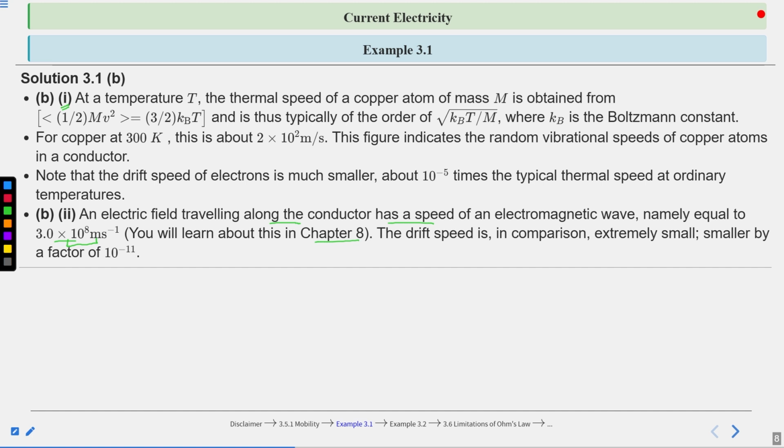It is of order 10 raised to power 8, and drift velocity is of order 10 raised to power minus 3, so it is 10 raised to power minus 11 times. The drift velocity of the electron is 10 raised to power minus 11 times the speed of the electric field. So you can compare this now.